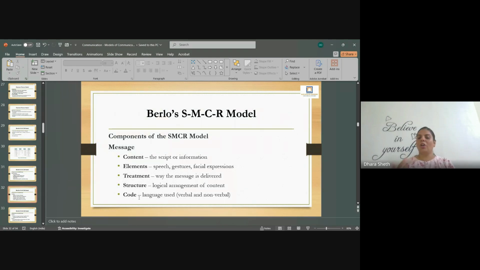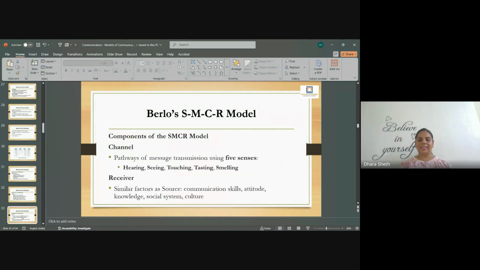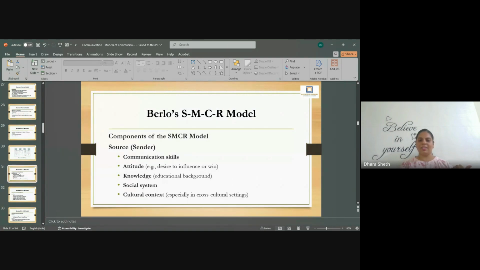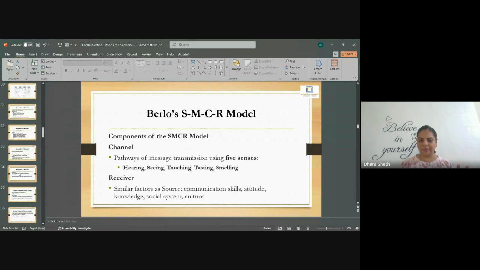Verbal language, non-verbal language, and even in that, there are a lot of variations. So that is the components of the message. Next is the channel, 5 senses, and the receiver has the same 5 factors: communication skills, attitude, knowledge, social system, cultural context. So whenever communication happens, these are the factors that affect it. That's what Berlo's SMCR model says.